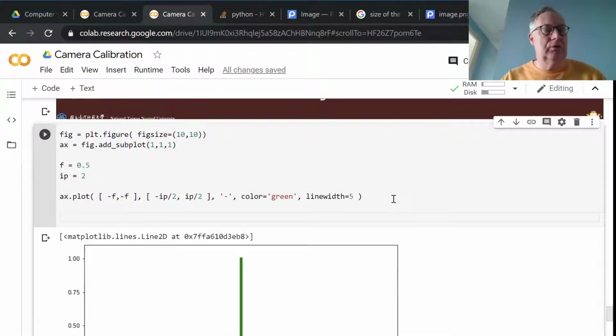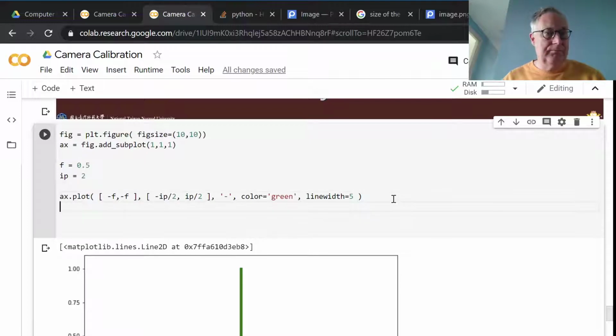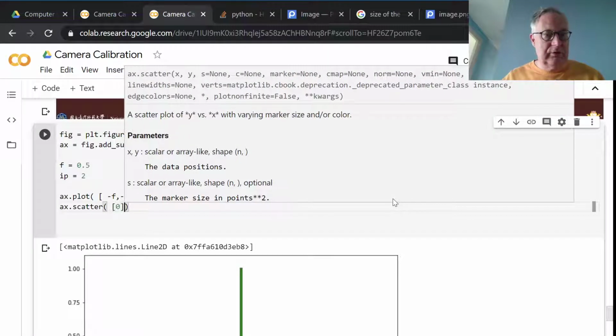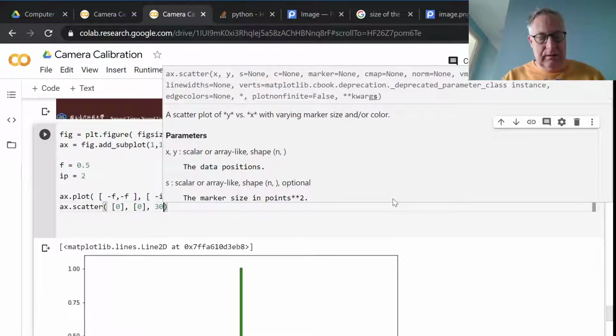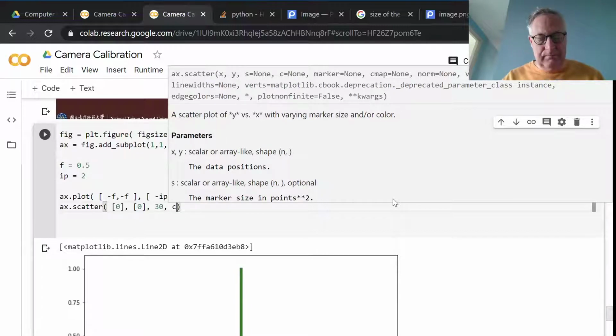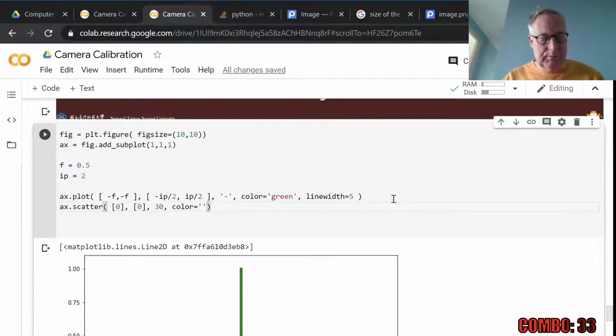So now I want to plot the focal point, which is at location 0, 0 now, size 30, color green.